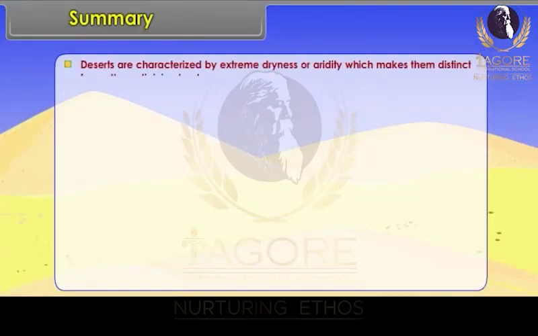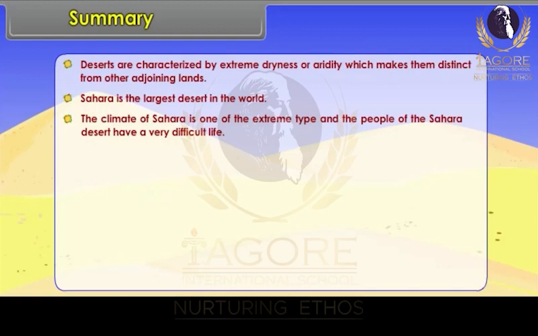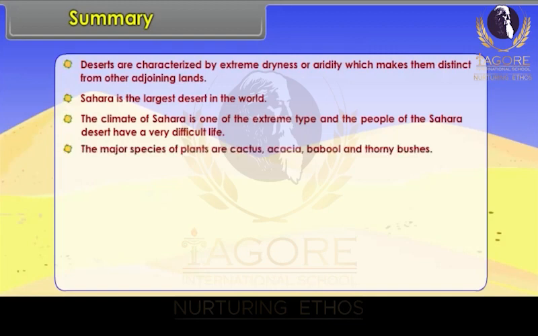Summary: deserts are characterized by extreme dryness or aridity, which makes them distinct from other adjoining lands. Sahara is the largest desert in the world. The climate of Sahara is one of the extreme type, and the people of the Sahara Desert have a very difficult life. The major species of plants are cactus, acacia, babool and thorny bushes.